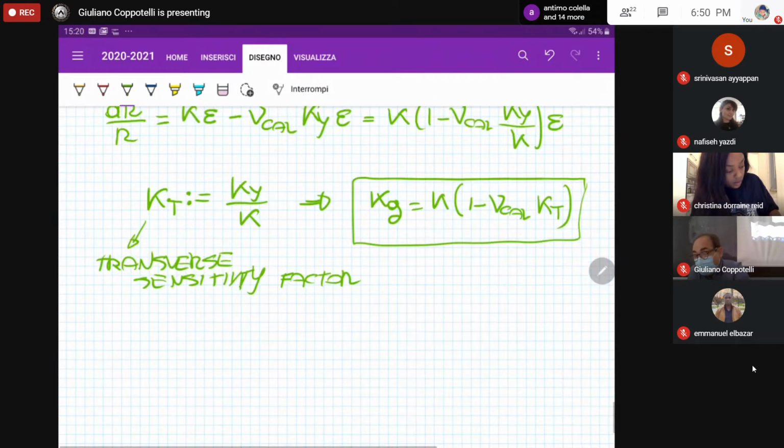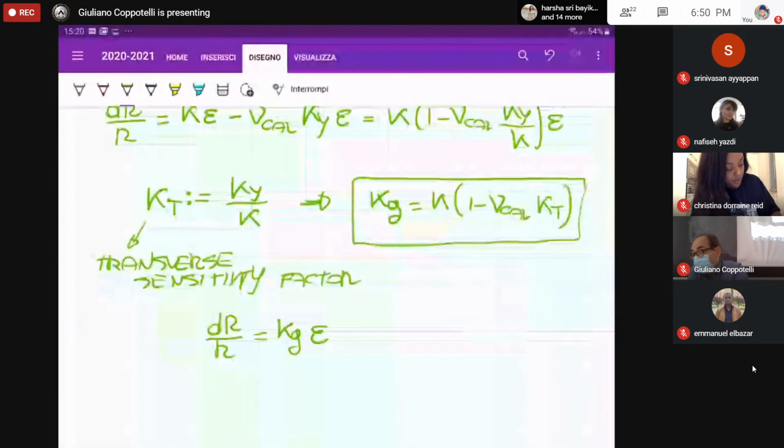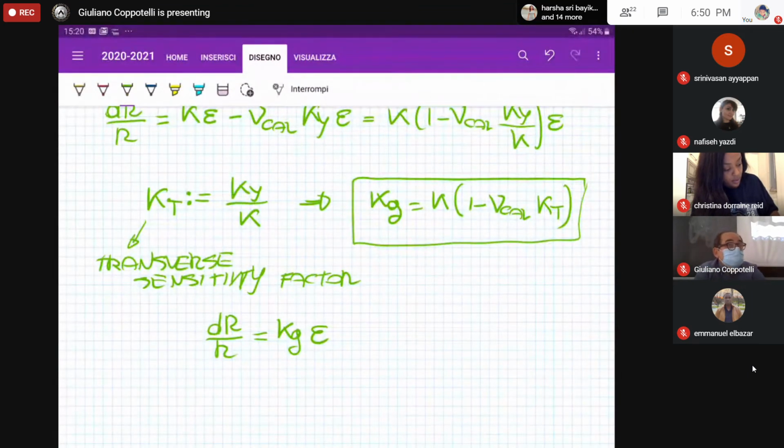So at the very end, with that definition, we can have that your dR over R is equal to Kg epsilon once again. And that is very, very important because we are able to use the same equation just by introducing the transfer sensitivity factor into the global strain gauge factor, Kg.